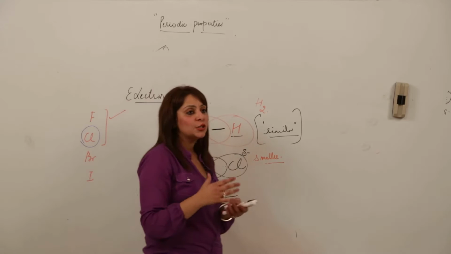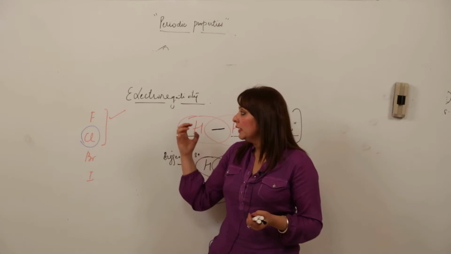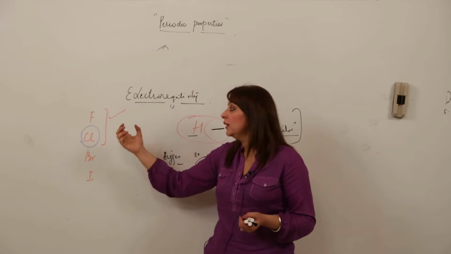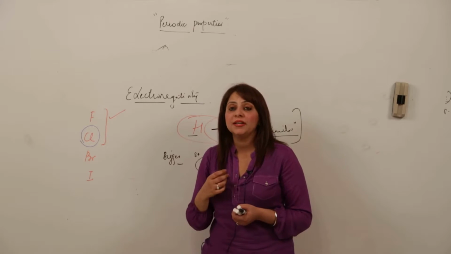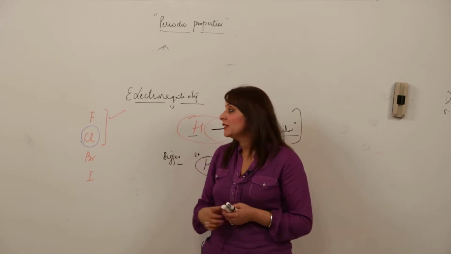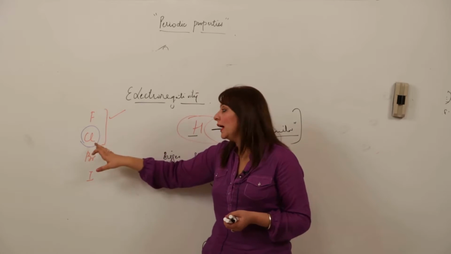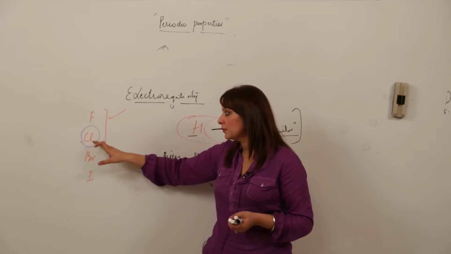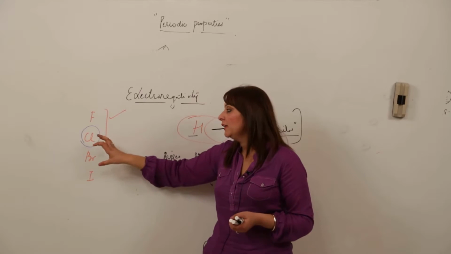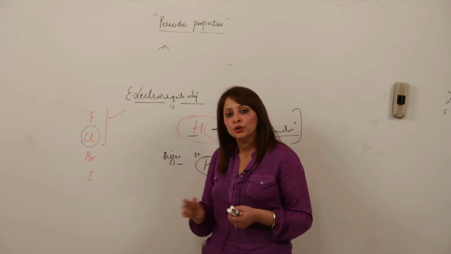Whenever an electron approaches it and gets added, it suffers a lot of repulsions. So its electron affinity is unexpectedly low compared to chlorine, which is slightly bigger in size, so the repulsions between the electrons are not too high.